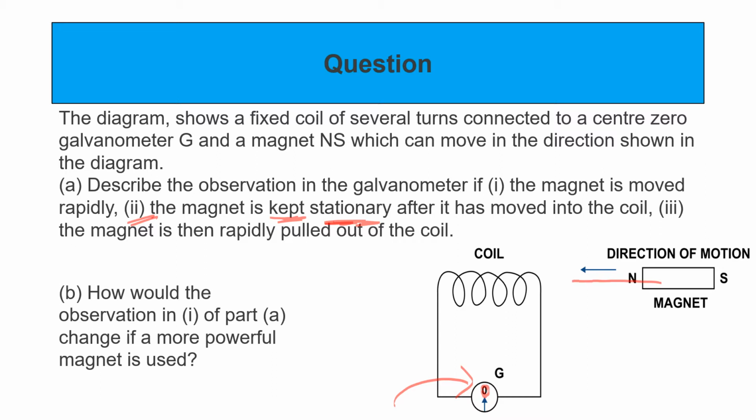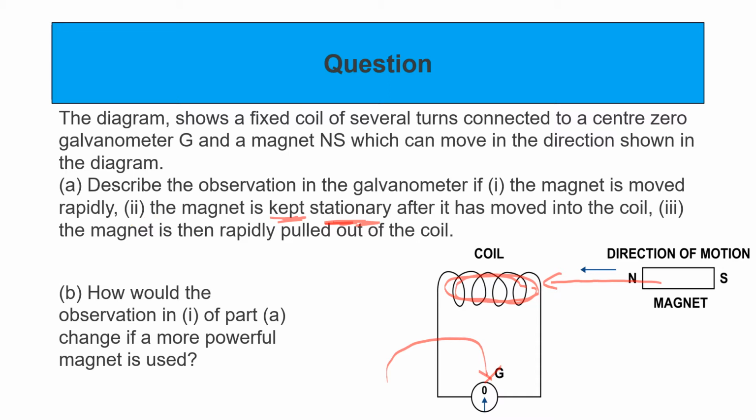After it has moved into this coil and it is kept stationary, at that time what would be the galvanometer reading? You must observe the galvanometer.